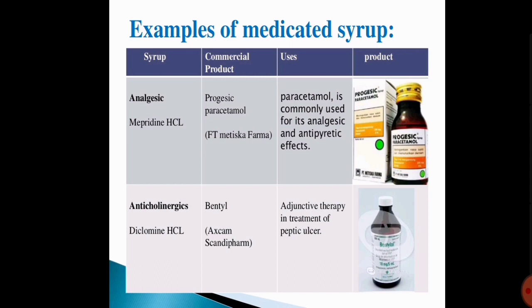We have anticholinergics, which include dicyclomine HCl, Bentyl. Bentyl is the brand name of dicyclomine HCl, and it is used as adjunctive therapy in the treatment of peptic ulcer.